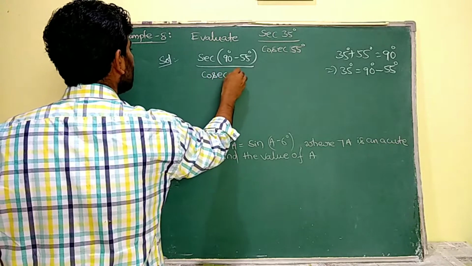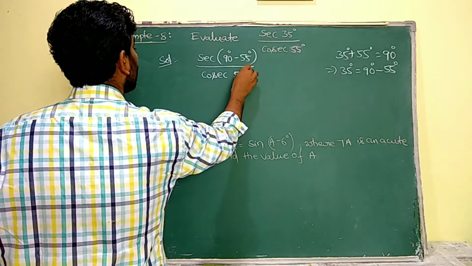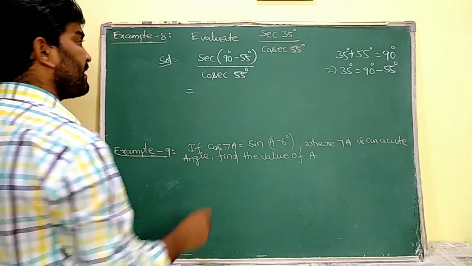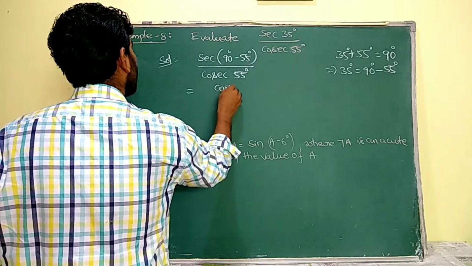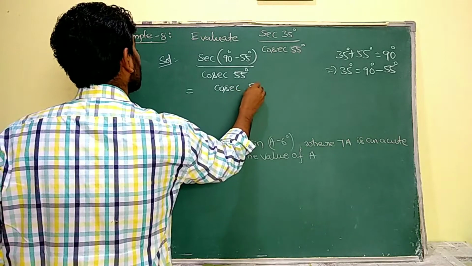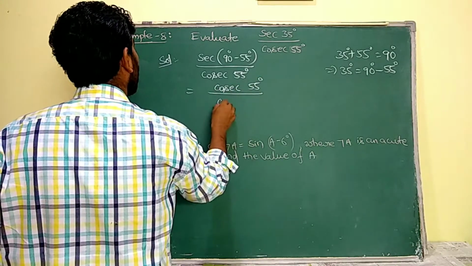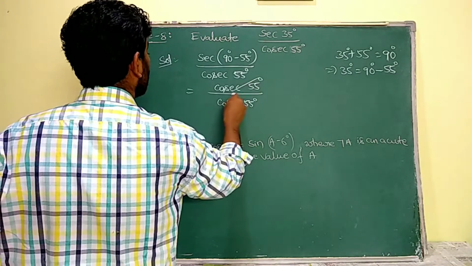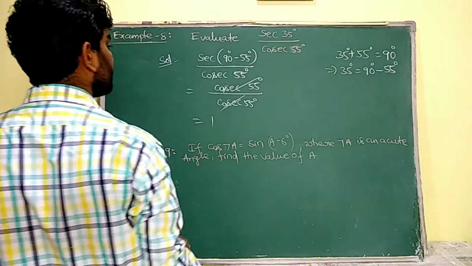Don't change the other angle; you have to write that as it is. So secant 90 minus theta is nothing but, by the formula, cosecant theta, that is cosecant 55 degrees, by cosecant 55 degrees. These two are cancelled, then its value is 1.